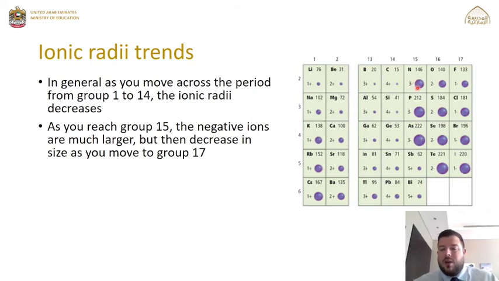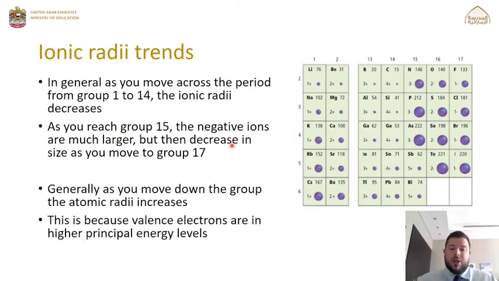Okay, but as you go from group 15 over to group 17 once again it gets smaller and smaller. Okay, so as we go across the period in general it becomes smaller. The positive ions get smaller and smaller until we hit group 15 where it becomes a negative ion. It increases in size before becoming smaller again.